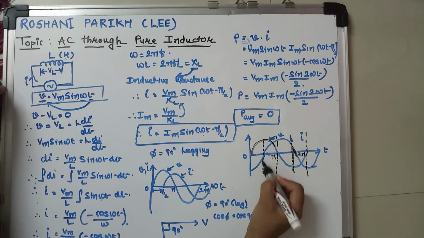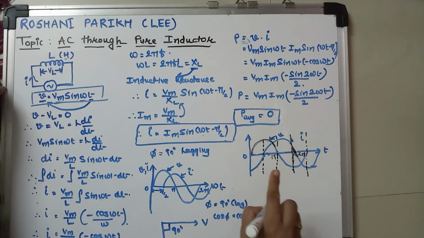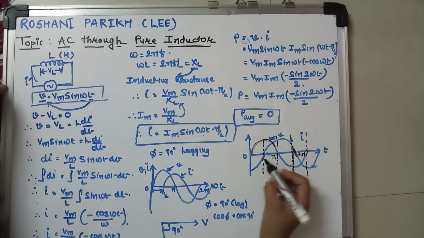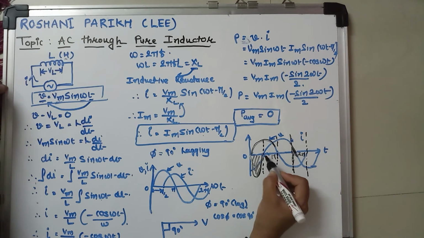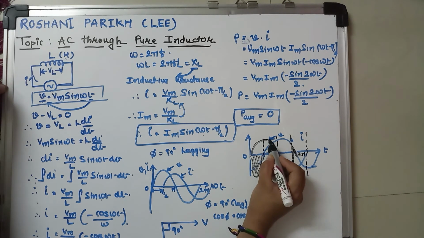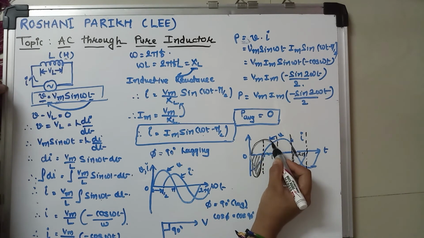So what will happen if voltage is positive and current is negative? Then the product of voltage and current is negative. So power is negative. Now see here, in the second part voltage is positive and current is also positive.